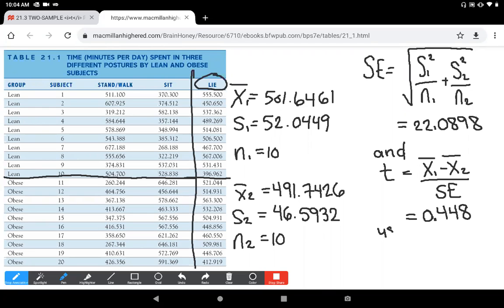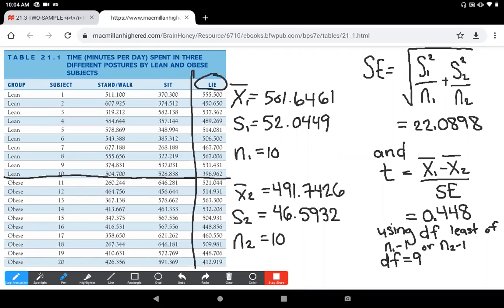Using the degrees of freedom of the lesser of n1 minus 1 or n2 minus 1, they're both equal to 9. So we have degrees of freedom equal to 9.